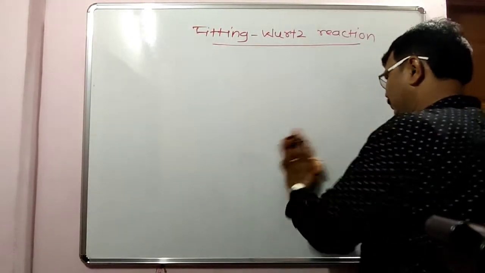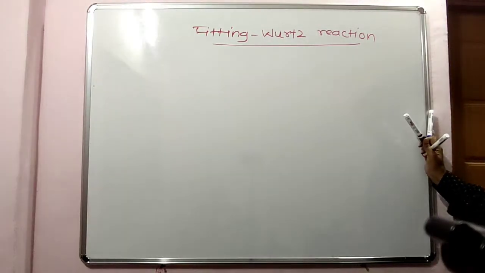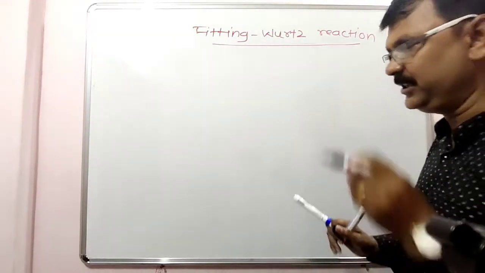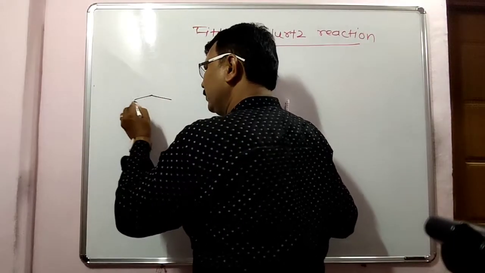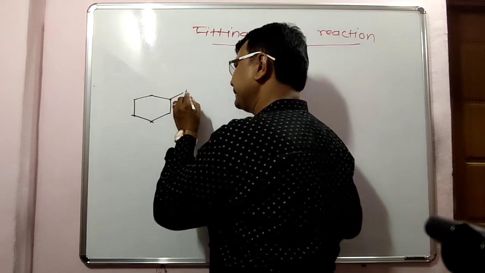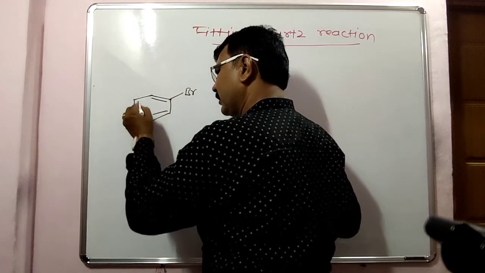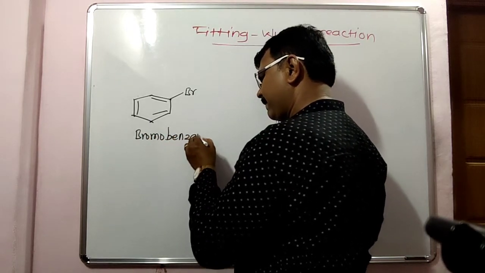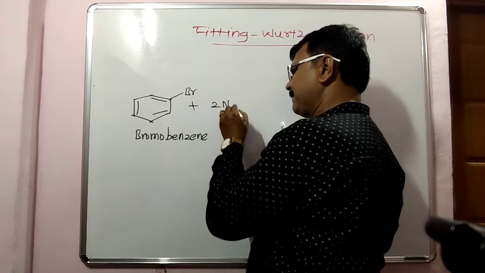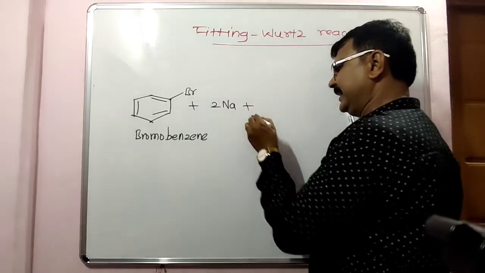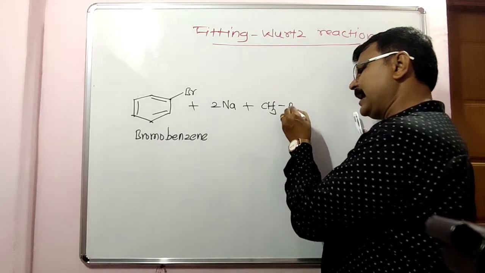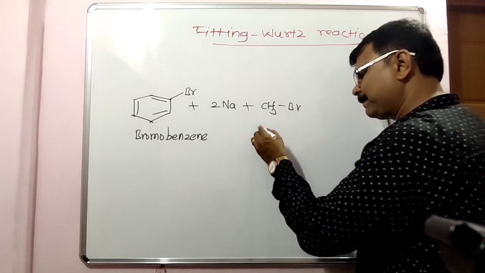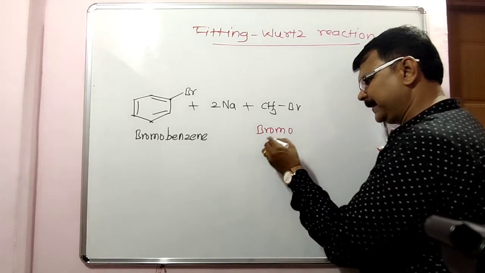What is the action of sodium metal on the mixture of bromobenzene and bromomethane? Bromobenzene plus 2 Na plus CH3Br. Name of the compound: bromomethane.